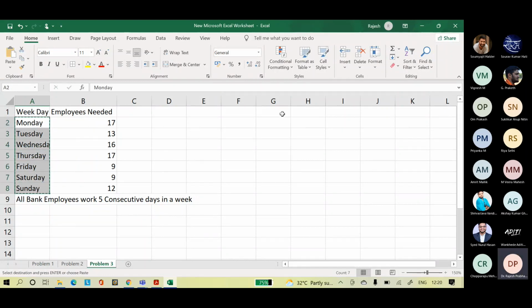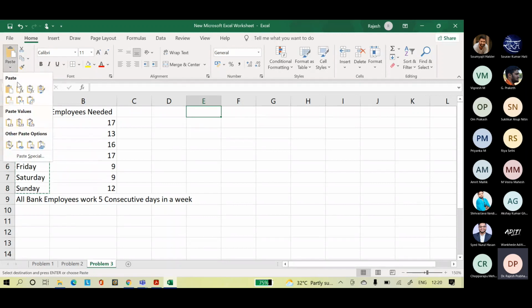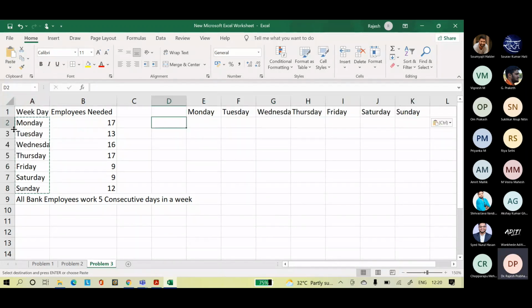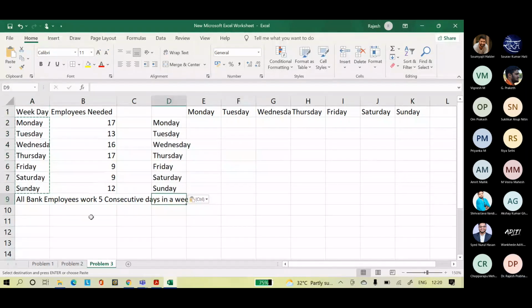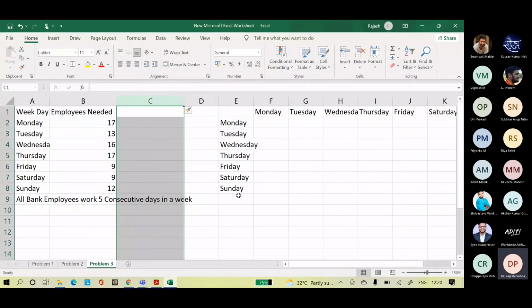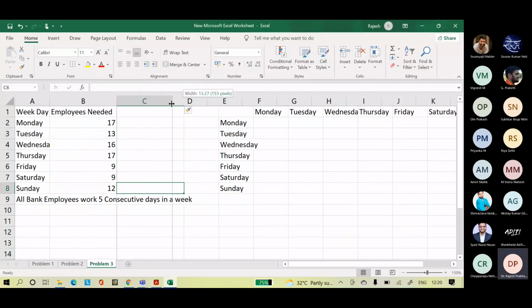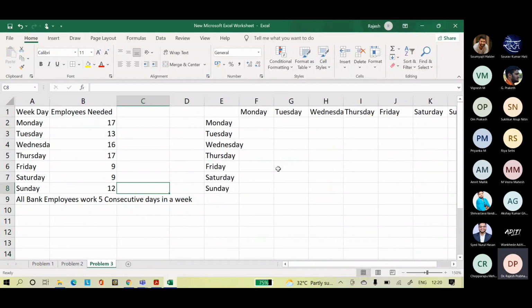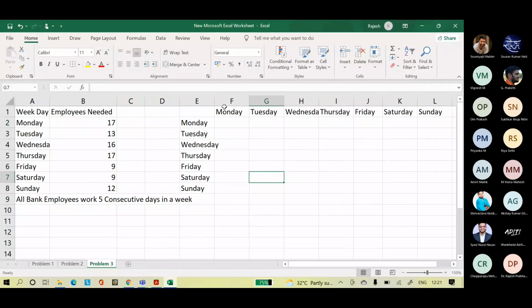So the shift is also the same here. So paste, transpose, and also we will have the same here, Control C. Okay. Now, let us see the shift format.